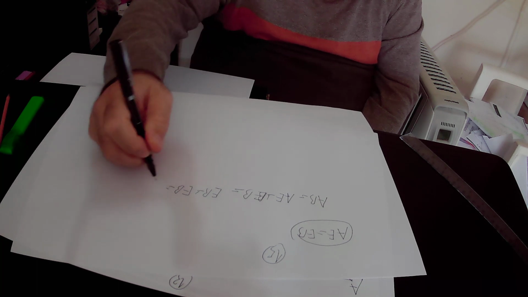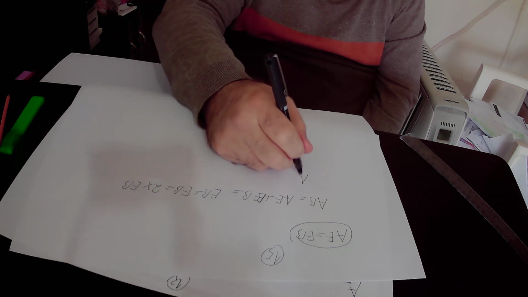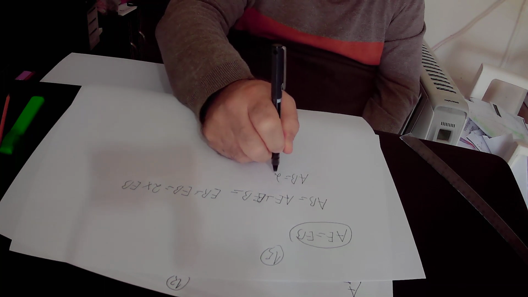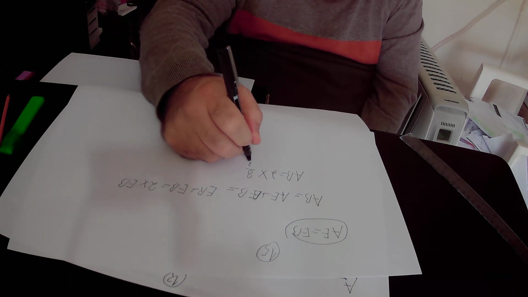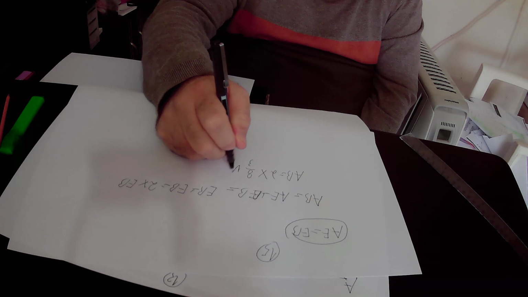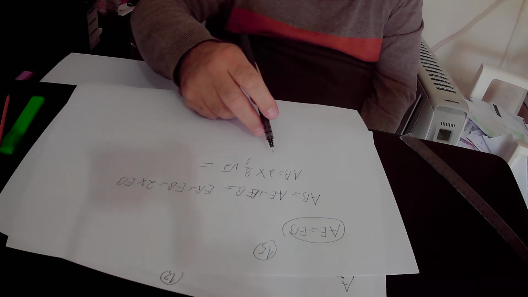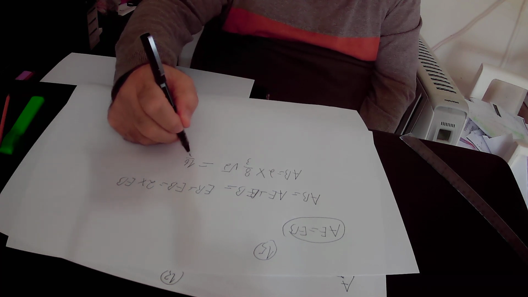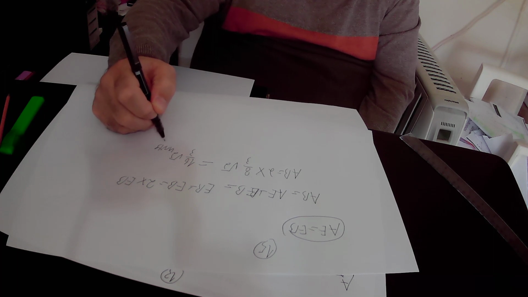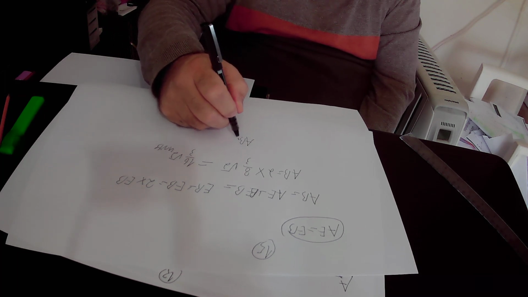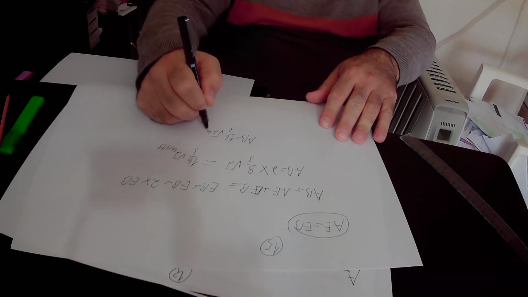That is to say, AB equals 2 times EB. We have already found out that EB equals 8 over 3 times square root of 2 units. So in total we will get that AB equals 2 times 8, which is 16, over 3 times square root of 2 units.